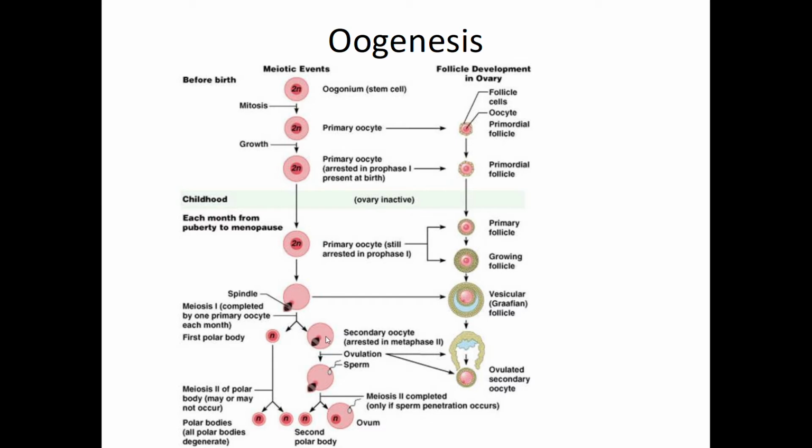Now, the final division, going down to an actual haploid nucleus, doesn't happen unless the oocyte is fertilized. If the oocyte is fertilized, once the sperm enters, the final division happens. The second polar body is produced. The original polar body may or may not divide, but it's not really important, and we don't need to worry about it here. But our second polar body is produced, and then the two haploid nuclei will combine to produce a new diploid cell.